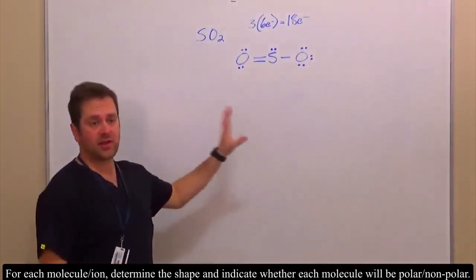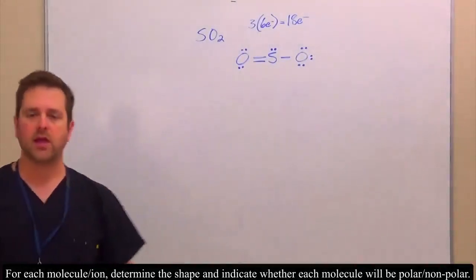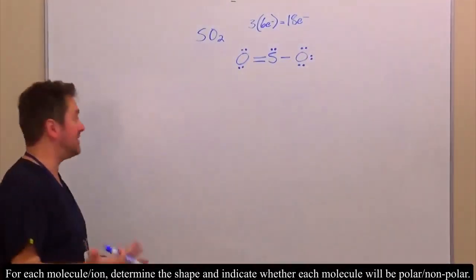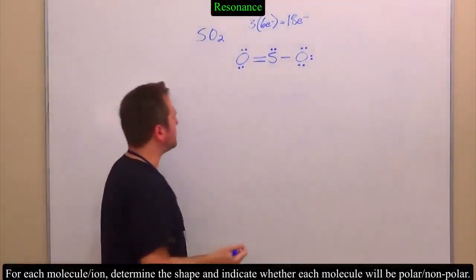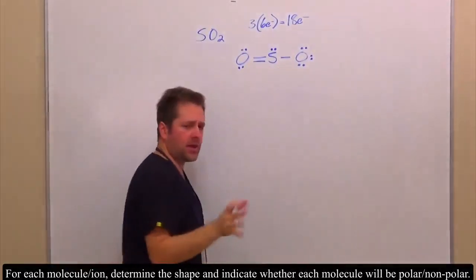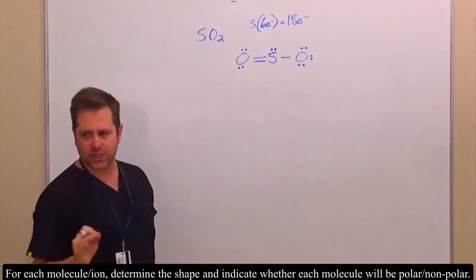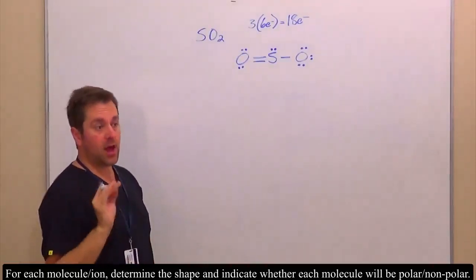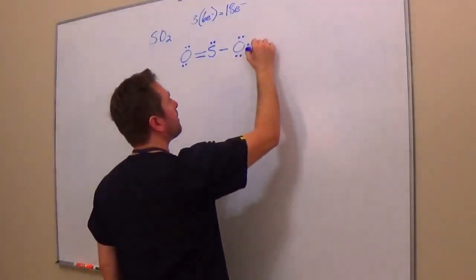Now with a structure like this, there should be a very specific vocabulary word that comes to mind instantly, and hopefully it did, and you're thinking, this has resonance, and you're absolutely right. Another possible structure would just be the opposite of that. I'm not going to bother drawing it right now, but I do want to ask you, are there any other structures? And absolutely there is.